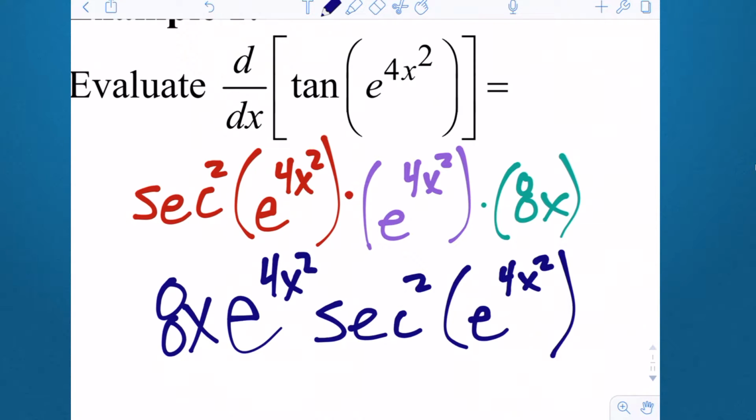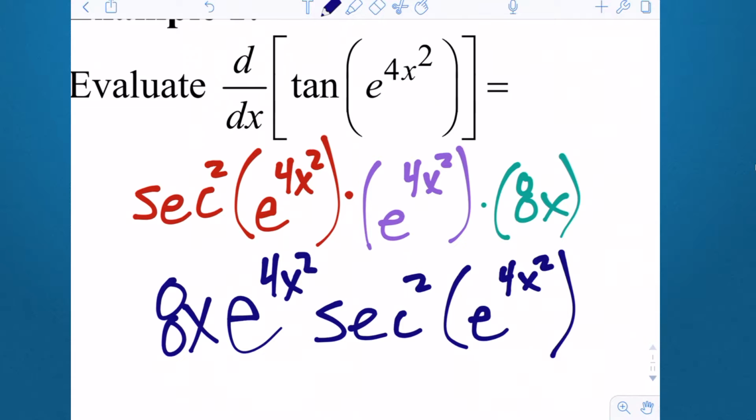Now, if you notice, when we do the chain rule, it's kind of like we're unpacking boxes. I think they used that analogy back in the day. We have one big box, and inside of it we have another box, and inside that box we have another box. As we unpack boxes, the contents get smaller and smaller. So the first factor is the bulkiest, it has more information. The next factor is a little smaller, we have one less function.